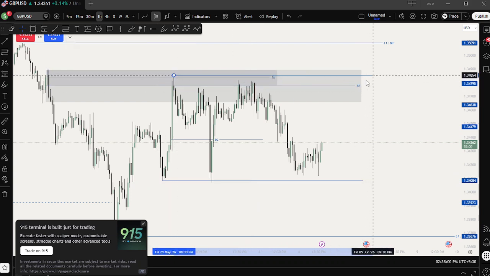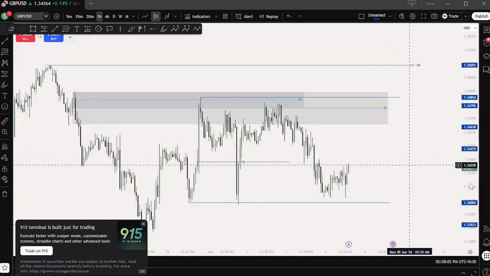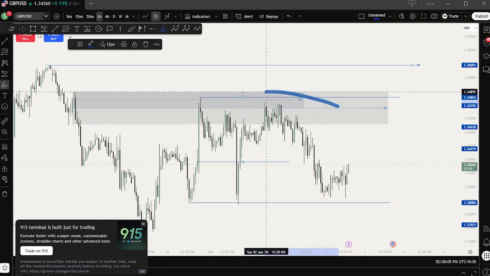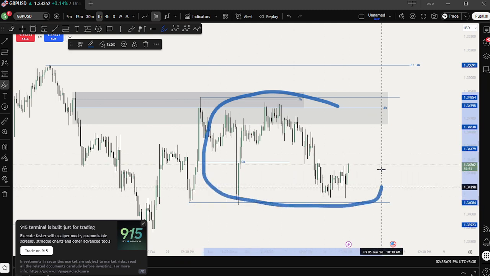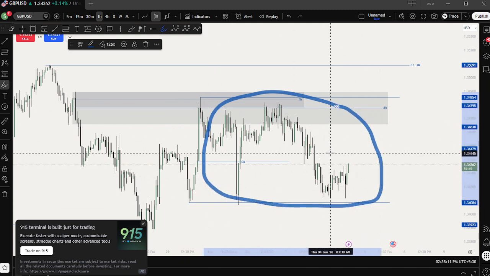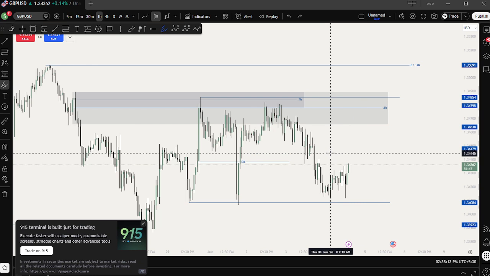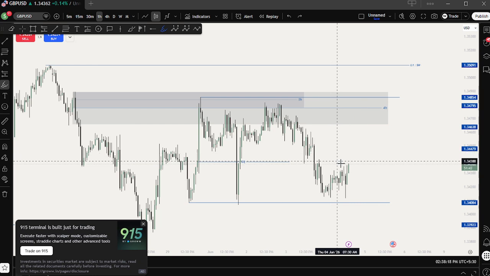What I personally like to think of this battle in this range, or you can say this consolidation in between this range, is that the market is currently deciding on where to go.